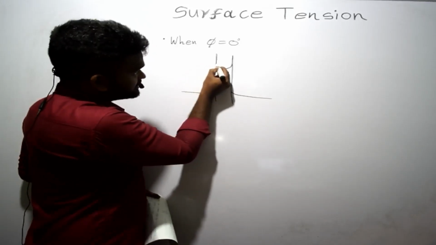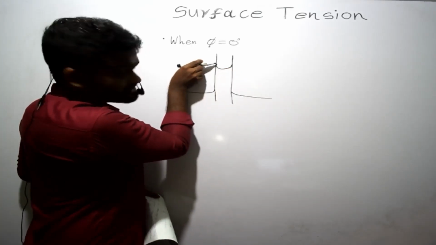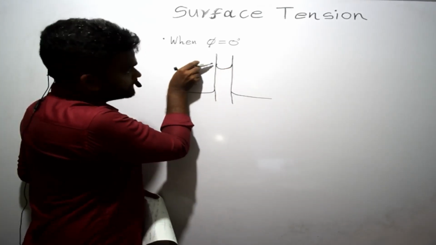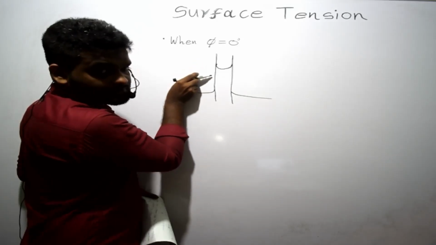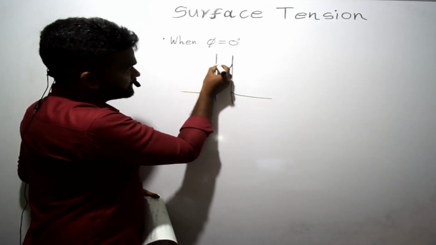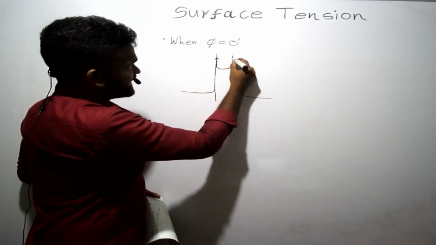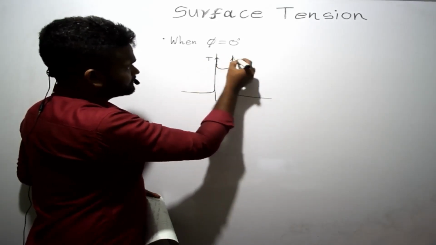If you draw a tangent to the meniscus through the liquid, it also goes through the surface. So the contact angle is 0 here, right? So the surface tension forces are acting upwards like this.